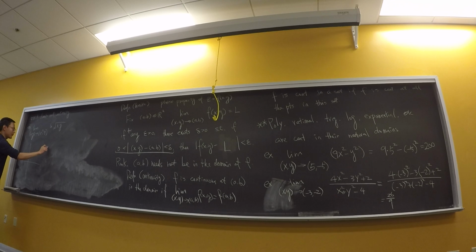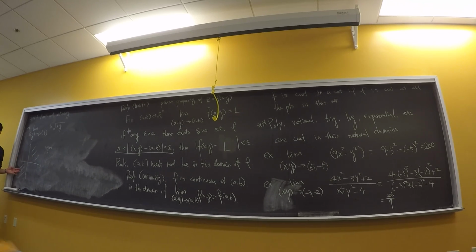What does xy strictly positive mean when you translate back to that R^2 plane? First and third quadrants, all right? It can be both positive or both negative. So this is actually the domain of the function as 2 pieces of regions.